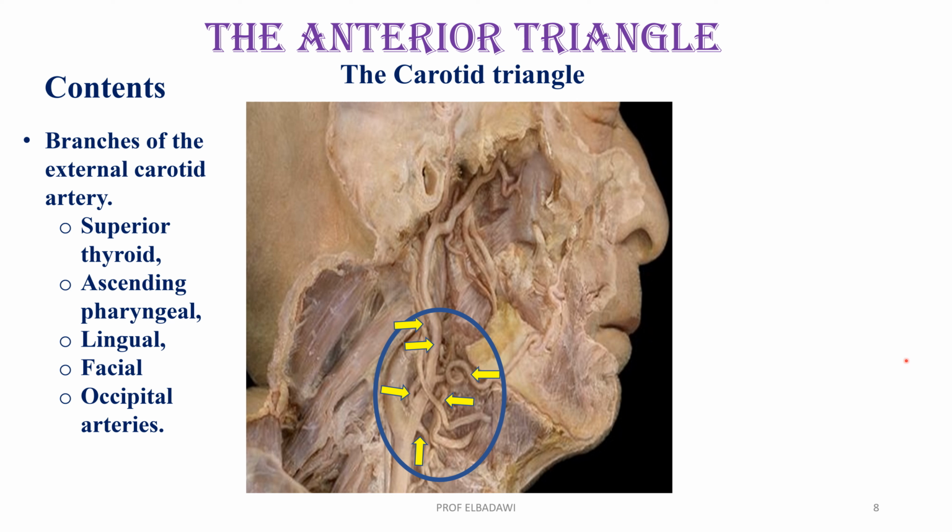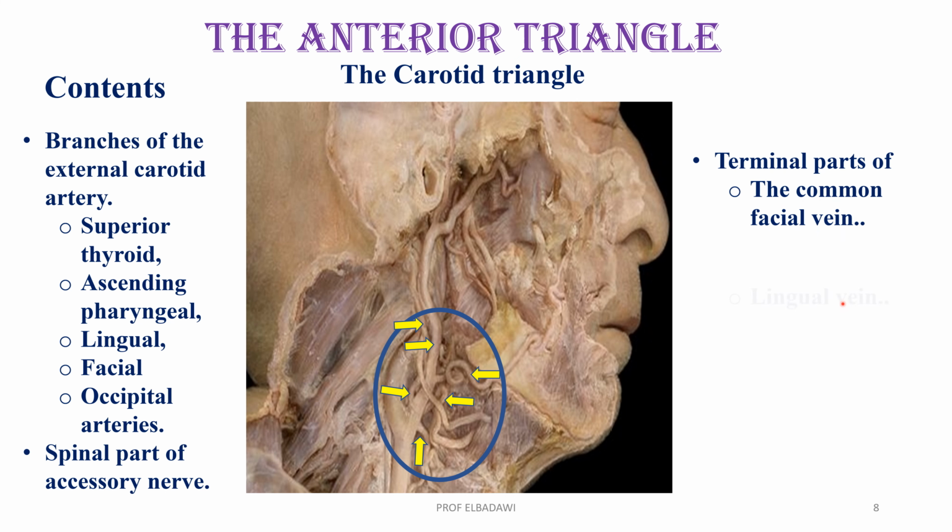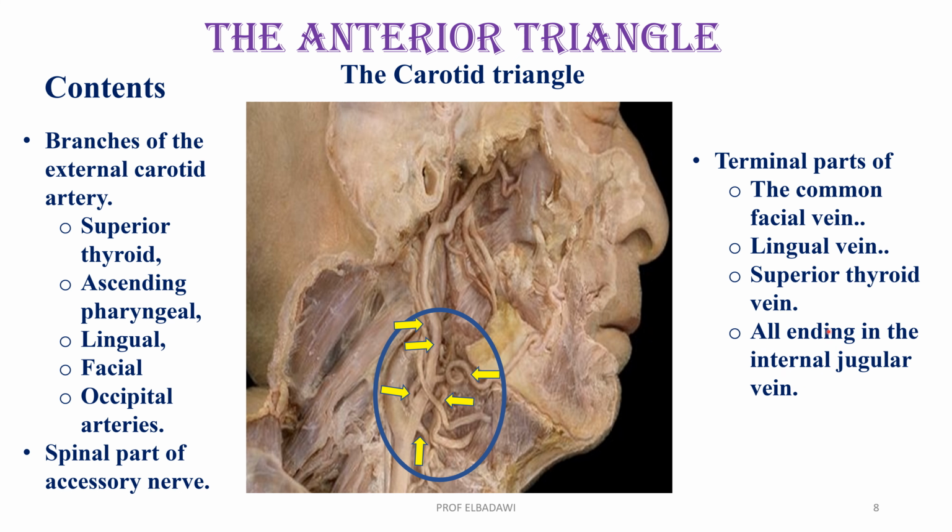These are the arteries. Also there is the spinal part of the accessory, the terminal parts of the common facial vein, the lingual vein, superior thyroid vein. All these veins will end in the anterior jugular vein. And then the branch of superior laryngeal, the external and the internal laryngeal nerves. These are the contents of the carotid triangle.